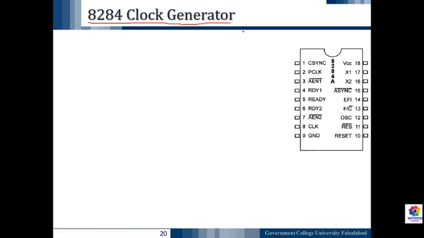A clock generator is an integrated circuit which is connected with the microprocessor to generate the clocking signal, which is the necessary requirement for the microprocessor to control all the timing requirements and the synchronization of the microprocessor with the external attached peripherals. And it can also generate from the crystal oscillator or external frequency source.